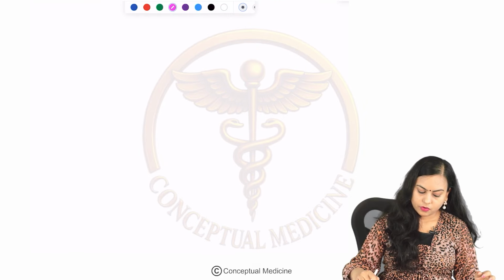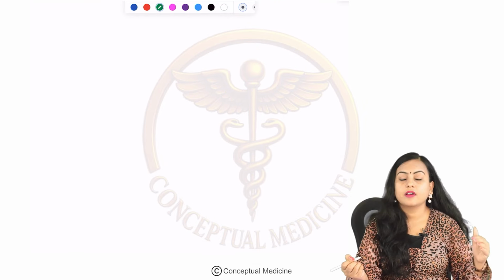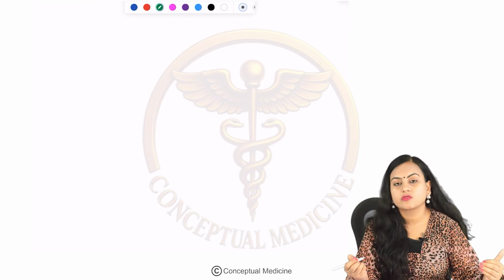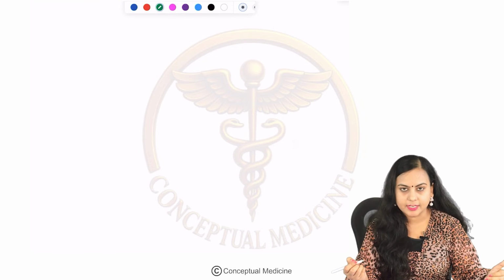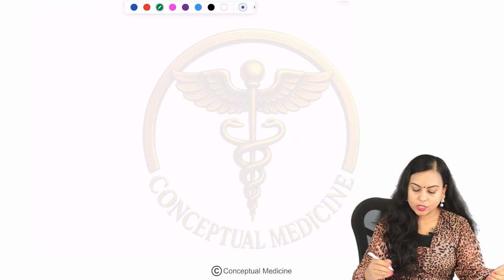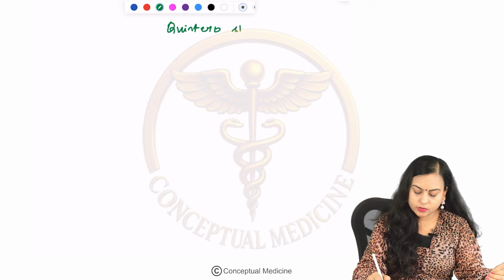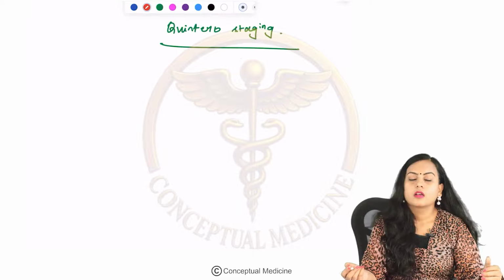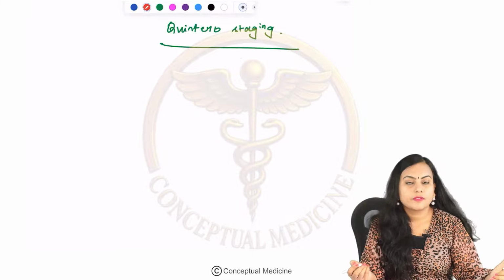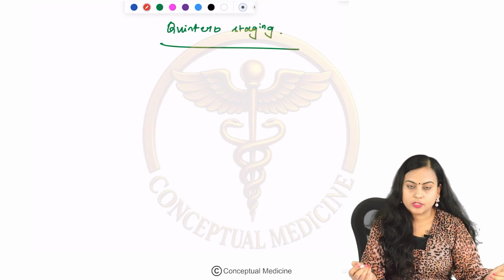For this we have a staging for TTTS, that is twin to twin transfusion syndrome. That staging is called Quintero staging. So let us discuss only the specific features of this Quintero staging, right?